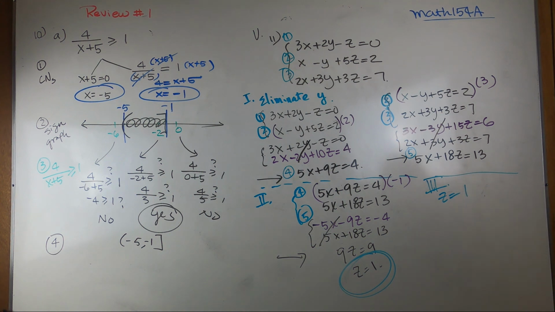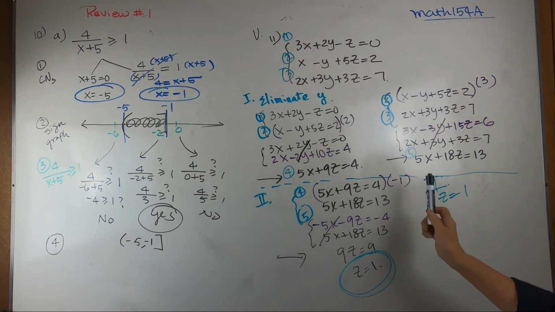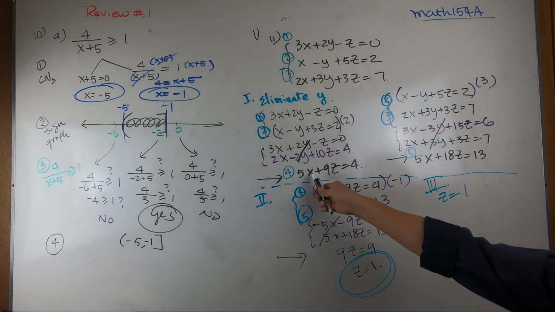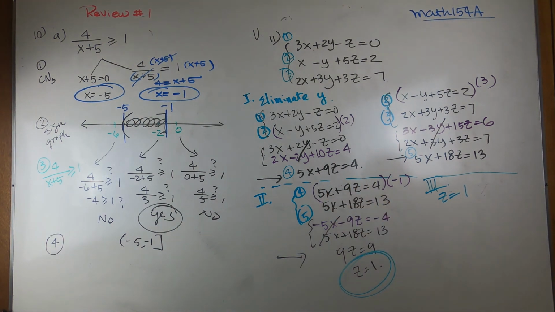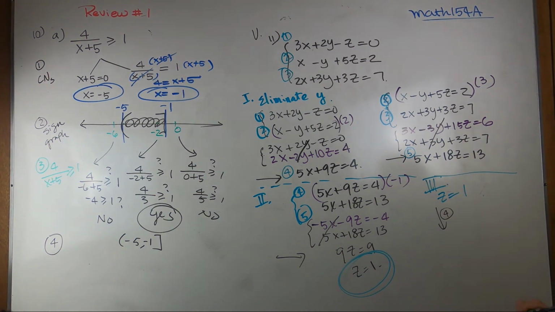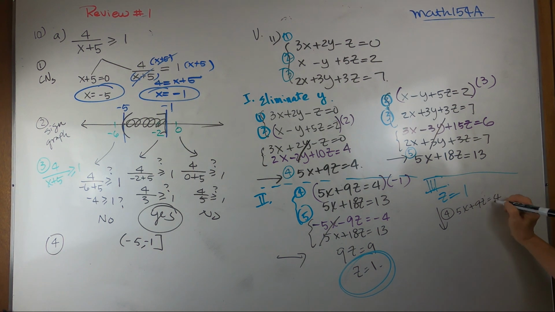Then what else can I find? I can plug in. Not here, because if you plug in z, you don't know both x and y. So better use the simple one. So I just plug into equation 4, 5x plus 9z equals 4. So that's 5x plus 9 equals 4, so 5x is negative 5.